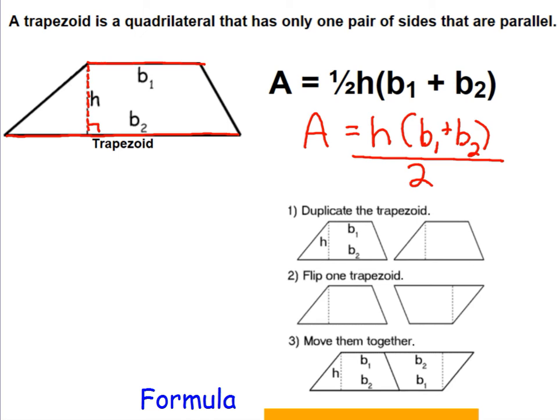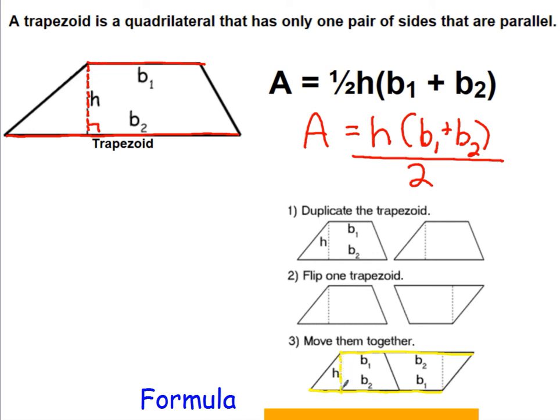And then if I move them together, I now have a parallelogram. And the parallelogram, if I look at the two sides, I'll highlight them in yellow here. Each of the bases beside each other form the two sides of the parallelogram, and it's base 1 plus base 2 to make them equal. The height didn't change at all.